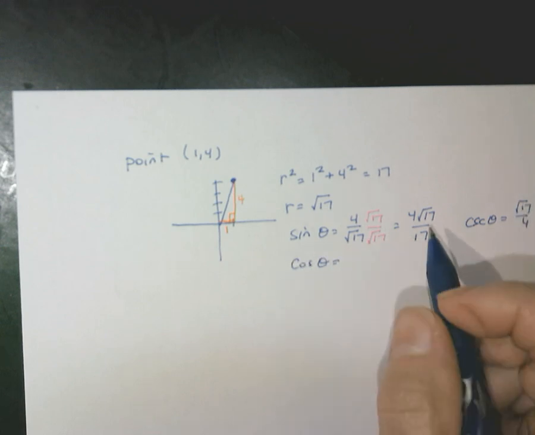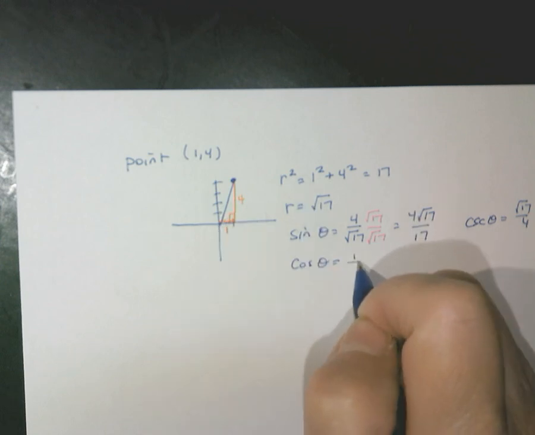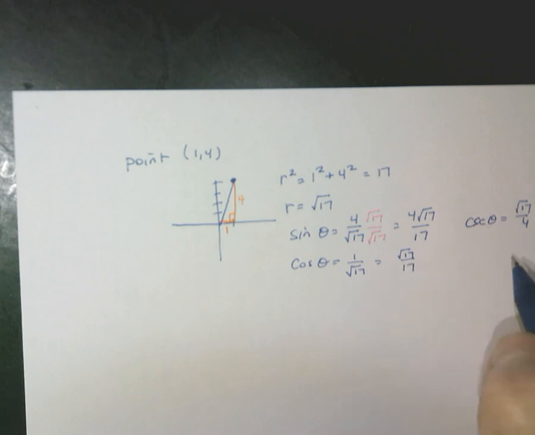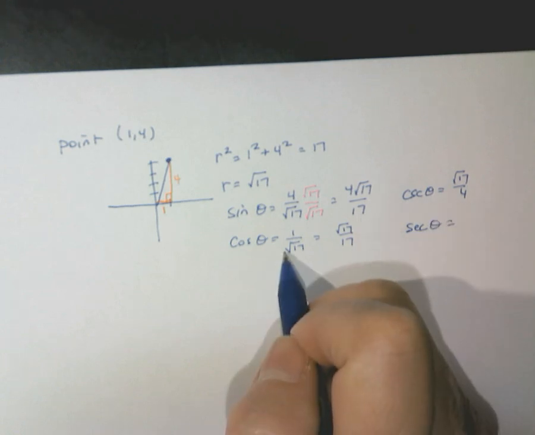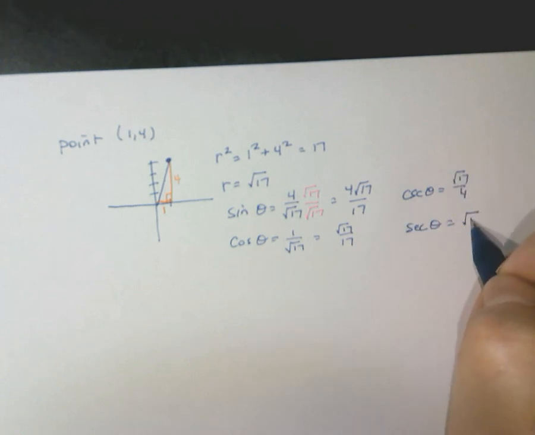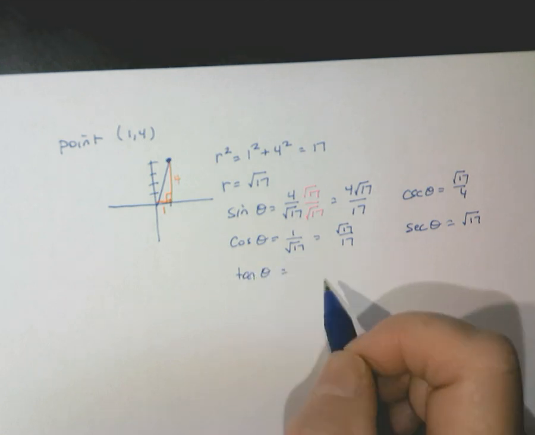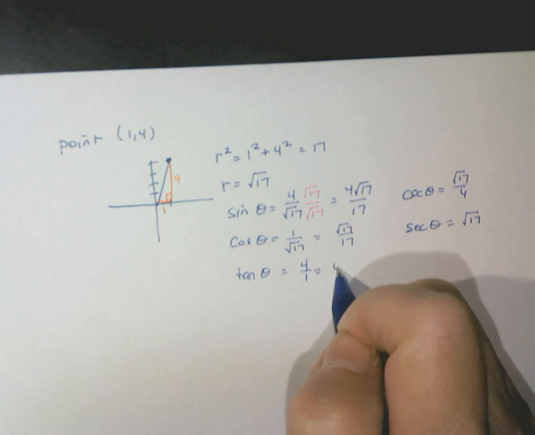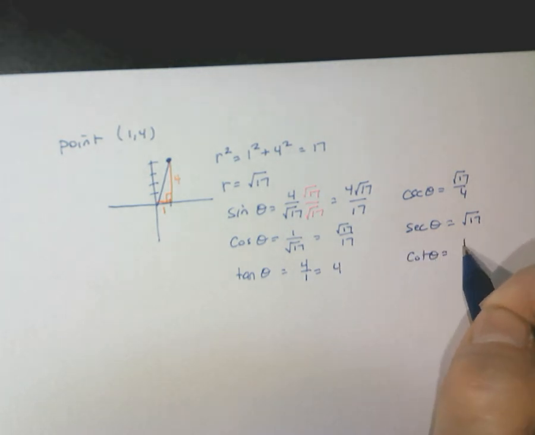Cosine of theta is going to be x over r, so 1 over the square root of 17. Rationalize the denominator. Secant of theta is the reciprocal of cosine, so it's going to be square root of 17 over 1. And tangent of theta is going to equal y over x, so 4 over 1 reduces to 4. Cotangent of theta is equal to 1 over 4.